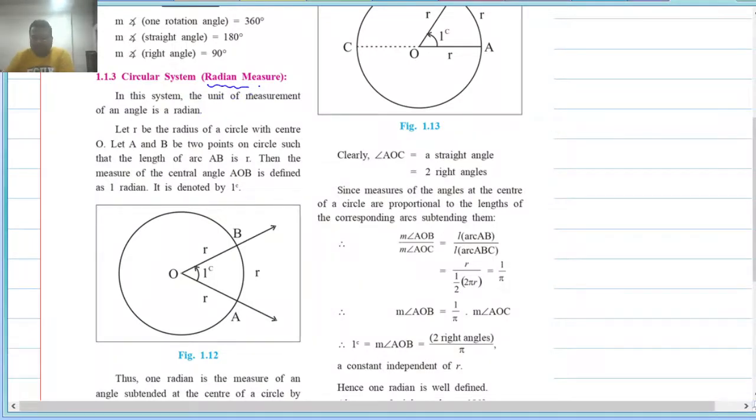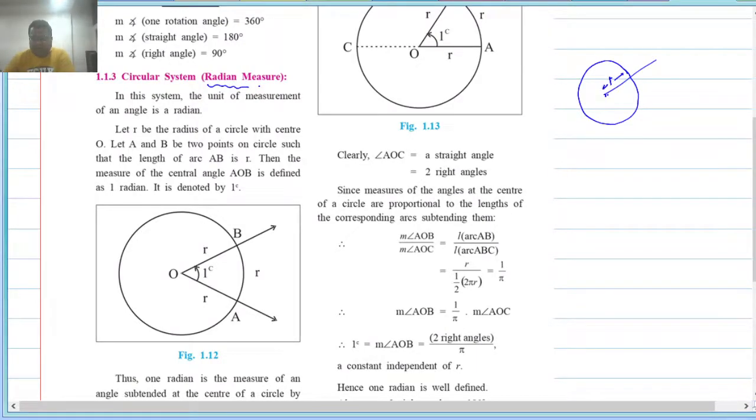In radian measure, the unit of measurement of angle is radian. Now, suppose there is a circle with radius r.